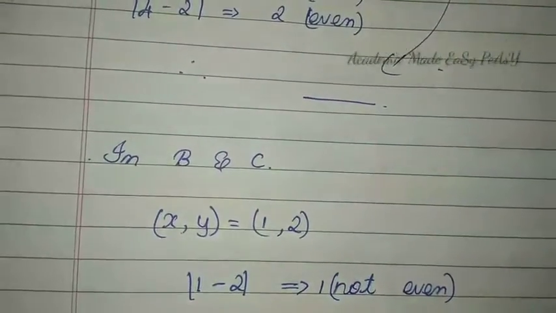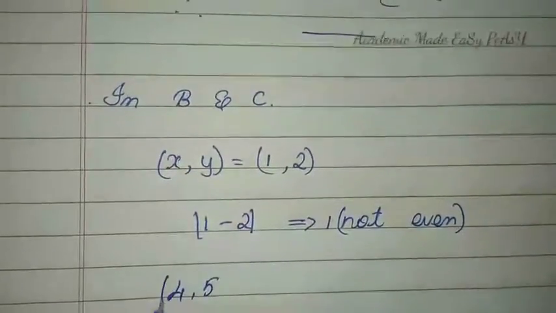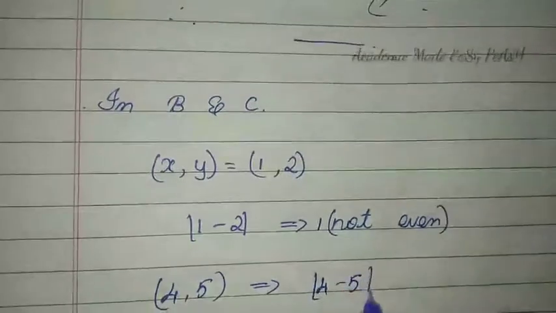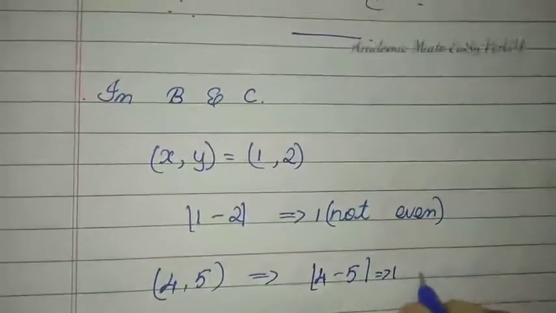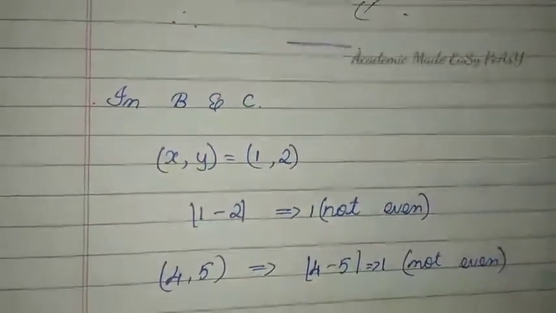Even if we take any other, say (4, 5), if I apply it in the condition, 4 minus 5, which is also 1, not even. So the condition is not getting satisfied.